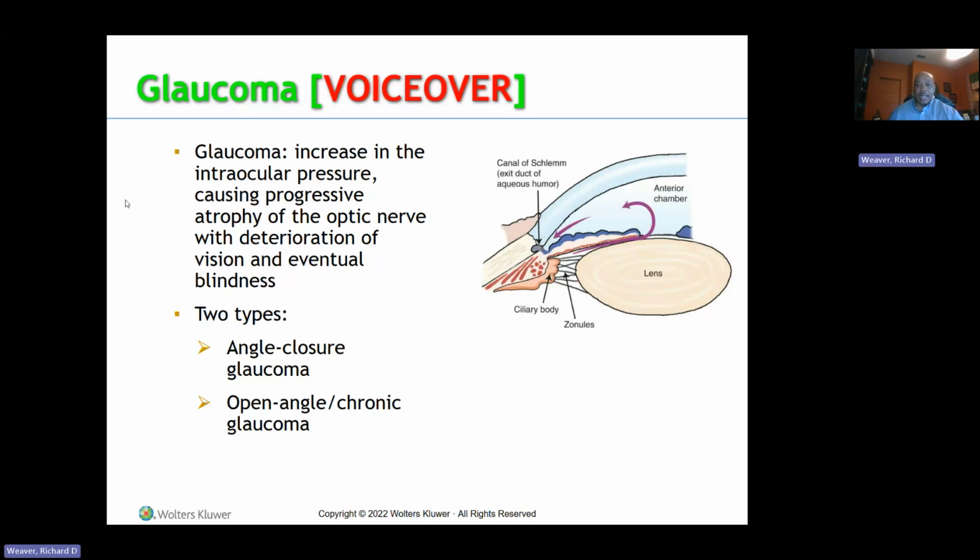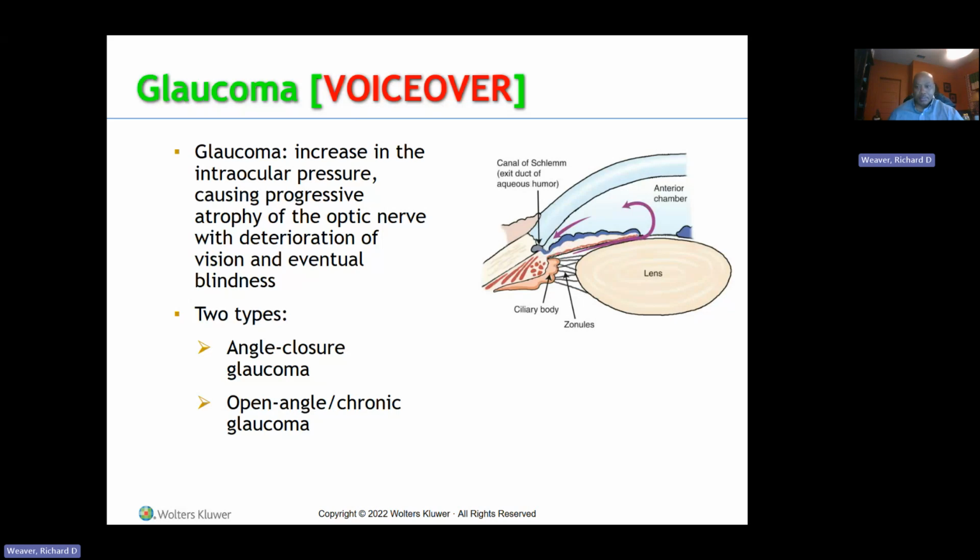Now, an angle is formed where the canal of Schlemm and the iris meet, roughly around here. That's the angle. Think about it like a triangle. This appears to be open, or considered open.